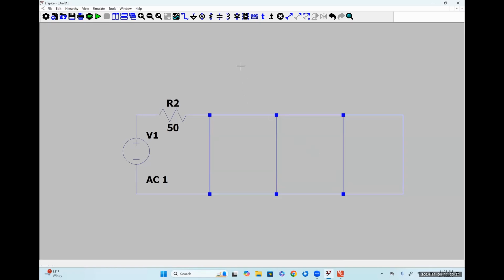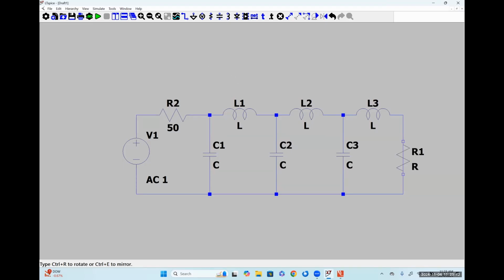Yes, that'll work. Then let's see. Inductor there, and there, and there. Capacitor here, and here, and here. Last resistor goes here. This is 50.